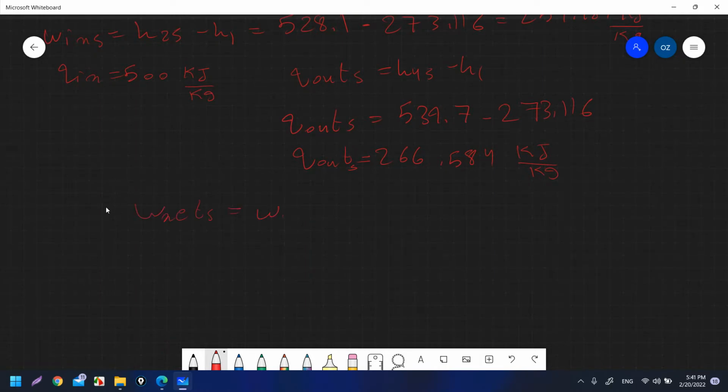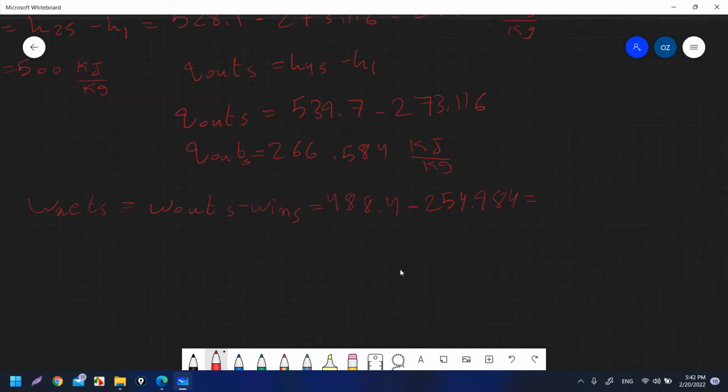And now I can find W net S using these two equations, that W net S is equal to W out S minus W in S of the compressor. So 488.4 minus 254.984 will give you that W net S is equal to 233.416 kilojoule per kilogram.